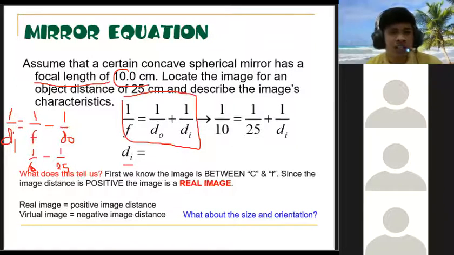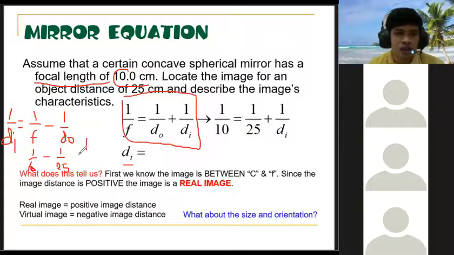5 minus 2 is 3 over 50, and 3 over 50 is 1 over DI.